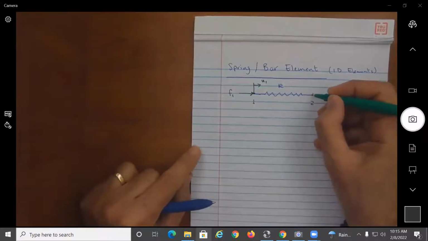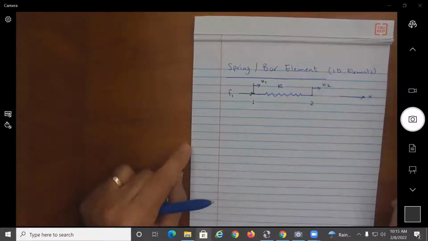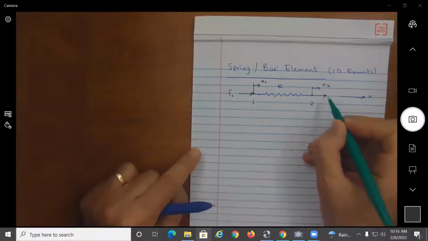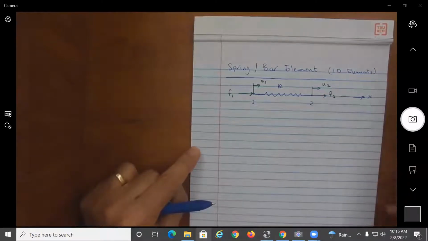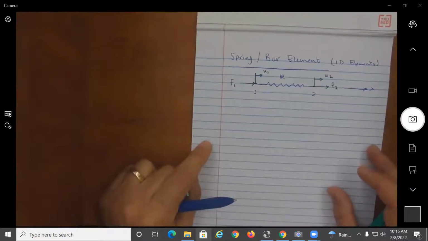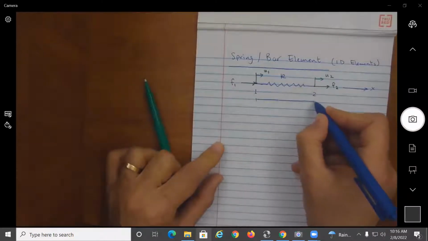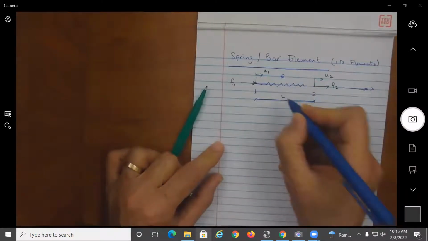At node 2, I have my 2nd degree of freedom, U2. And I have a corresponding element force, F2. And please note, I'm using a lowercase f. And this spring may have a length L.